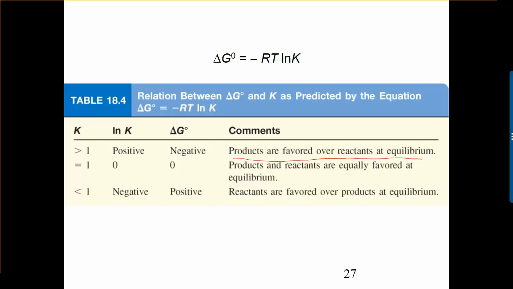Because K is less than 1 here and greater than 1 there, reactants are favored over products at equilibrium in one case and products over reactants in the other. And so delta G negative or positive would also tell you essentially which way the reaction is favored, just like a K would tell you which way they are favored.